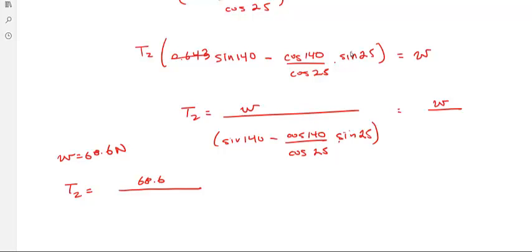So we have the sine of 140 minus the cosine of 140 divided by the cosine of 25 times the sine of 25. That doesn't seem right. What did I do wrong? What I'm getting is 1, and I know that's not correct.